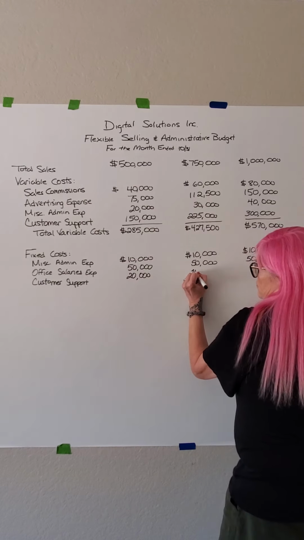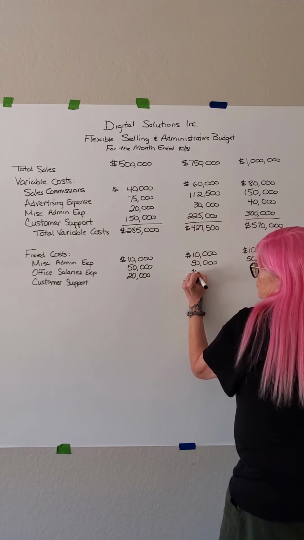And then the last step is to add up the total selling and administrative expenses. So that's adding up the total fixed and the total variable. Total admin and selling. Sorry, I did that backwards. So here, under $500,000 of sales, we're going to take the variable cost of $285,000 and fixed cost of $155,000, and we have $440,000 as our total selling and administrative expenses.